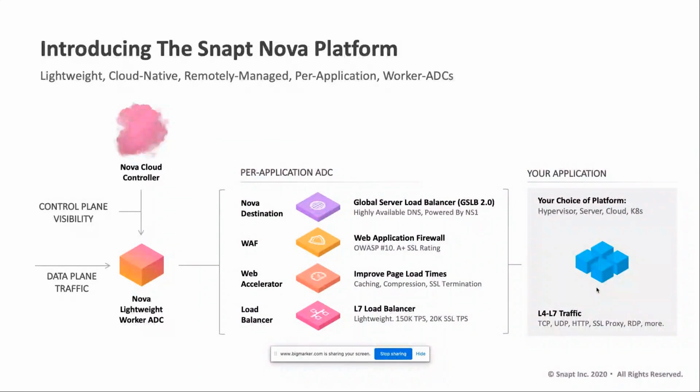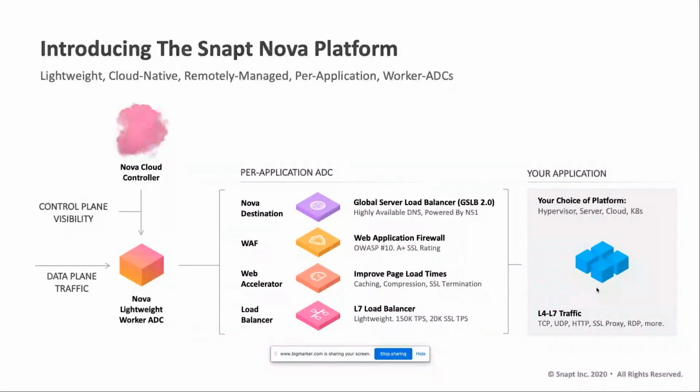But really, what's the uniqueness of Nova is that it's centrally managed. And that's the cloud controller piece that we can see at the top. That control plane provides automated deployment, and of course, continuous configuration management and updates to the worker ADCs, which is really what makes this a truly scalable platform.